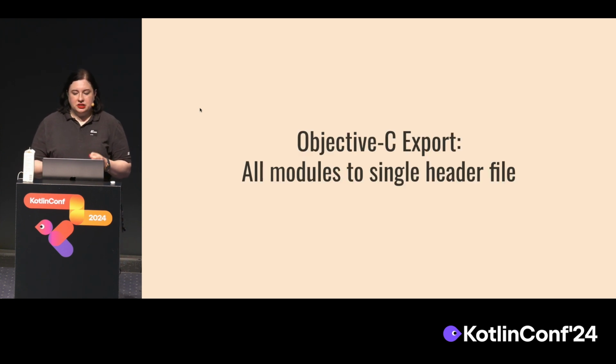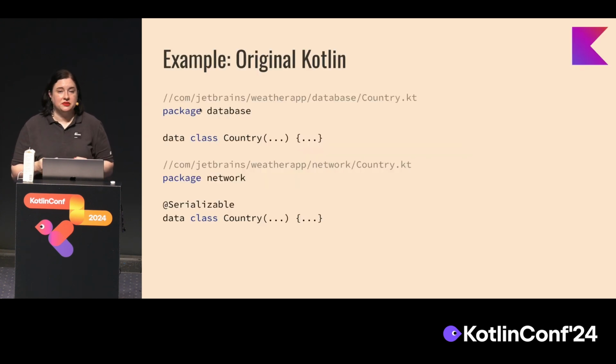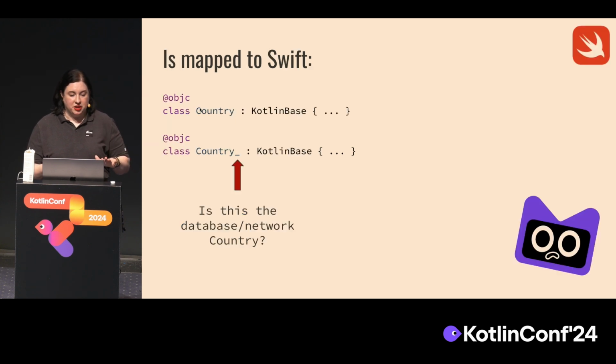Before we go on to the Swift export problem, I just want to refresh your memory in terms of the Objective-C problem, where all the modules were mapped into a single Objective-C header file. We've looked at this example before. We have those two country files, one in one package and one in the other package.